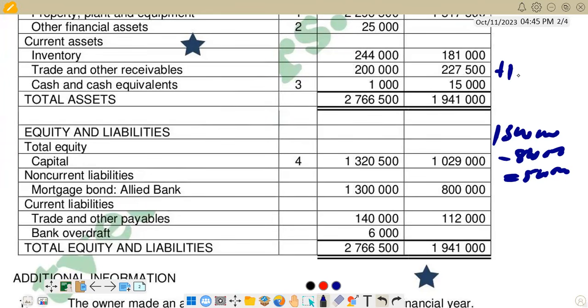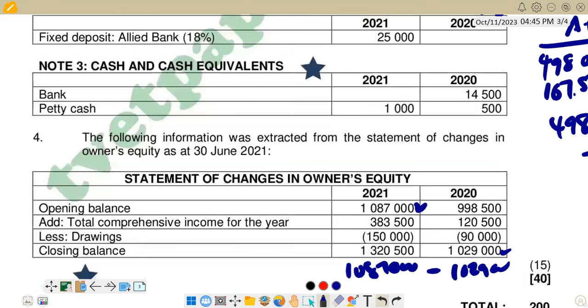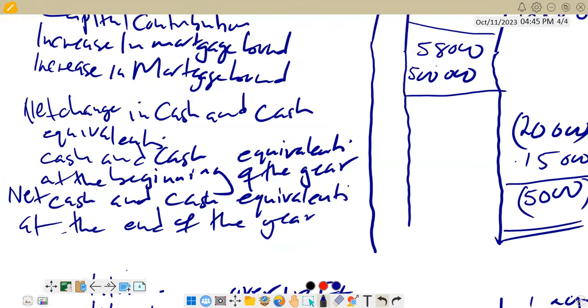Then we also have a bank overdraft, which is a negative, so minus 6,000. Then when we say 1,000 minus 6,000, we get negative 5,000. So this is the same figure that we got as a closing balance in the statement of cash flow. So when you have done this, you know that you have done it correctly.